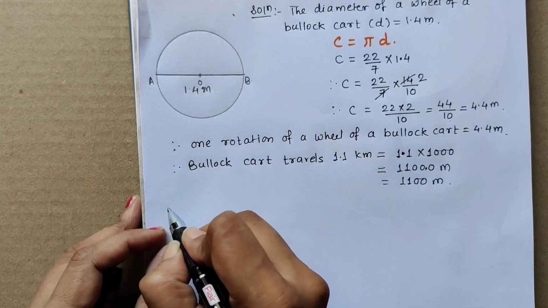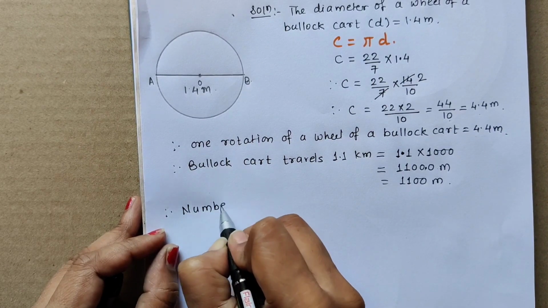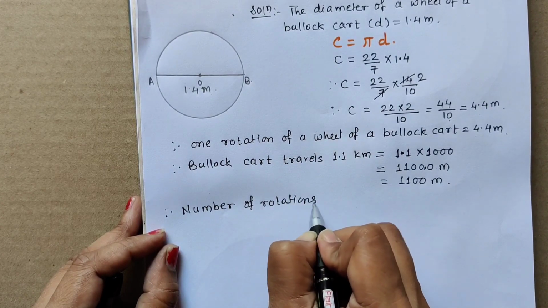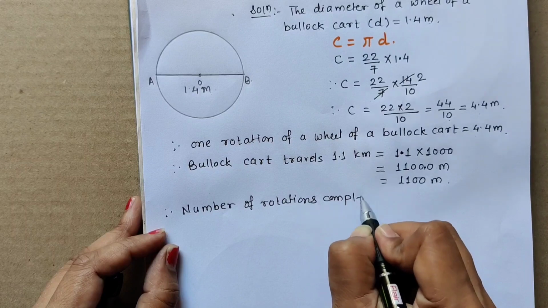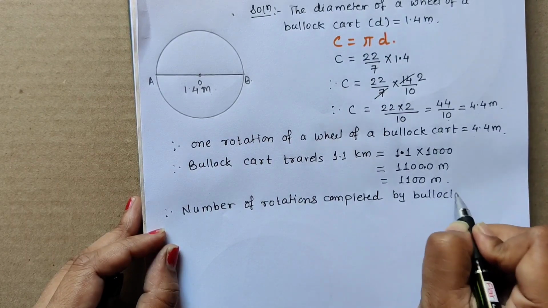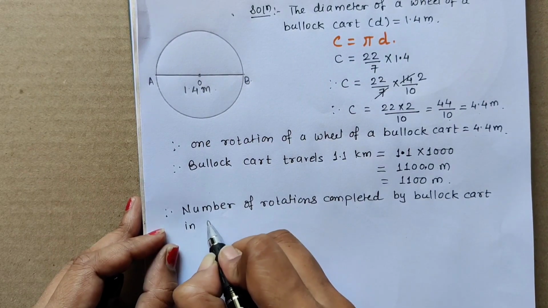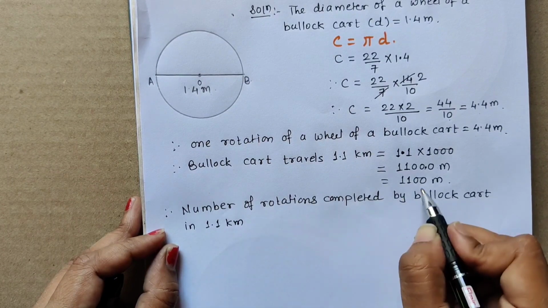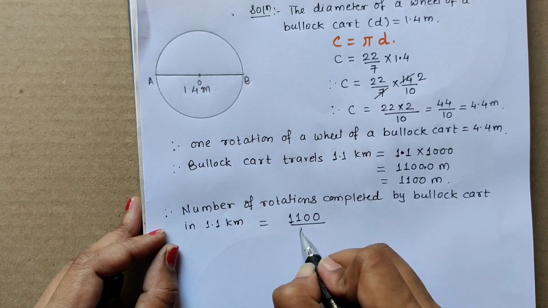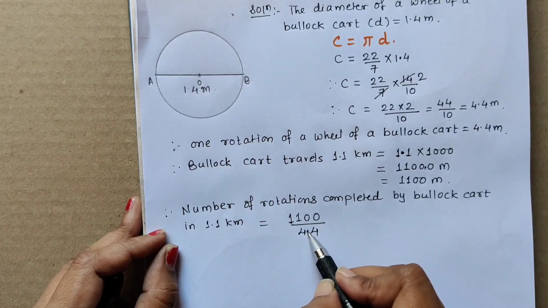So the number of rotations completed by the bullock cart in 1.1 kilometer, that means 1100 meter, is 1100 upon 4.4. 4.4 is one rotation.